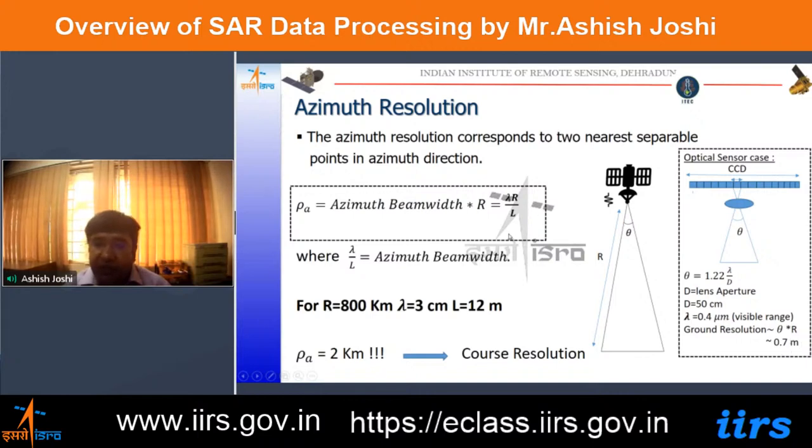But because the wavelength is much larger in the microwave region, we get an azimuth resolution of around 2 kilometer. Now, how do we solve this problem, that is, how do we get a better azimuth resolution?